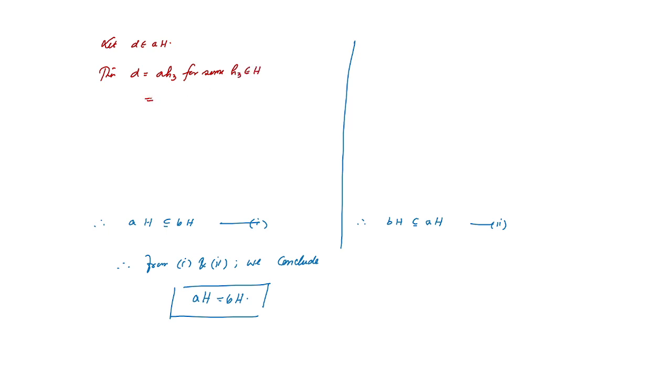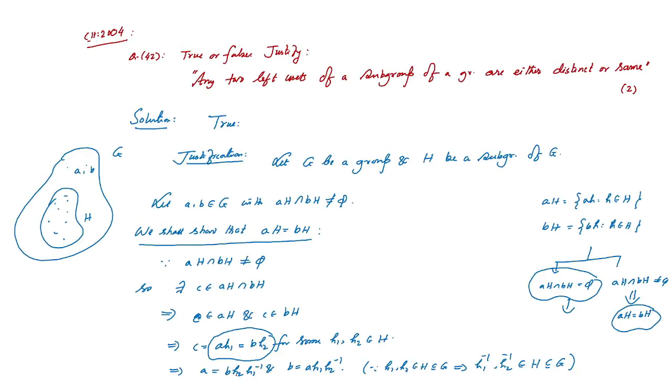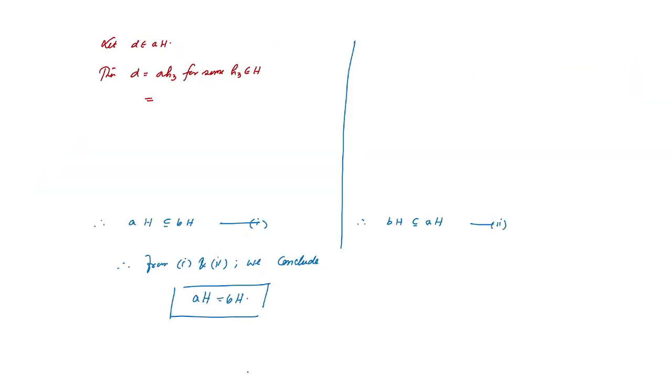Now a equals b h2 h1 inverse. In place of a, we can write b h2 h1 inverse h3, since a equals b h2 h1 inverse. So that is b h2 h1 inverse h3, by associativity, and that belongs to bH.